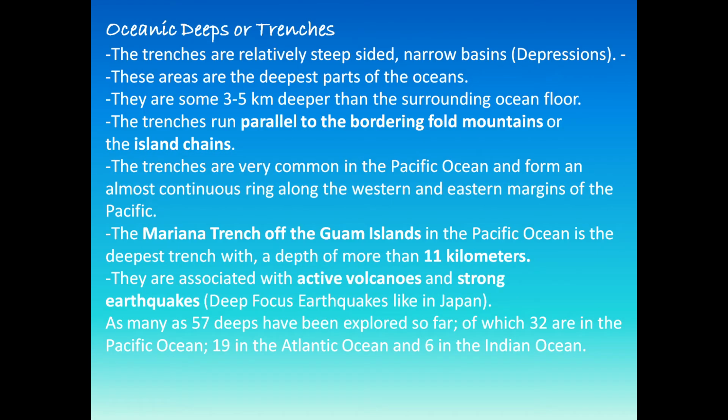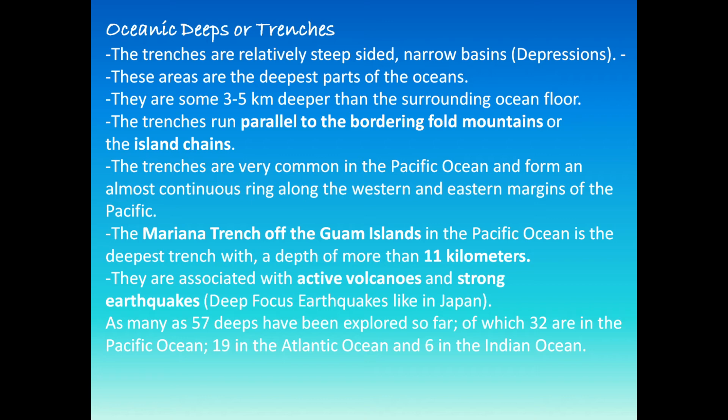First of all, let's talk about oceanic deeps or trenches. What is a trench? Like we have seen in the picture, a trench is a relatively steep-sided narrow basin or depression. The walls of this area are very steep, and it is deep. These areas are the deepest parts of the oceans.